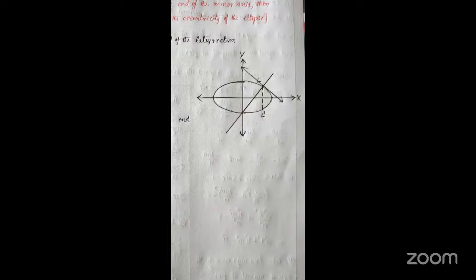At L, the normal is passing through the end of the minor axis. So this is the point, the end of the minor axis. In standard form, the end of the minor axis is (0, minus b).